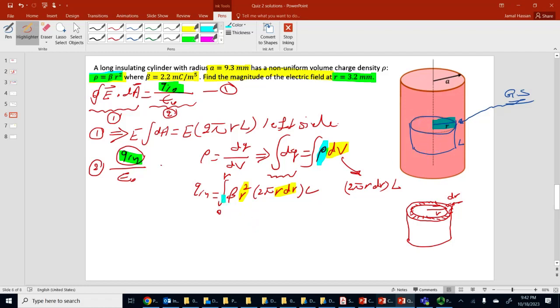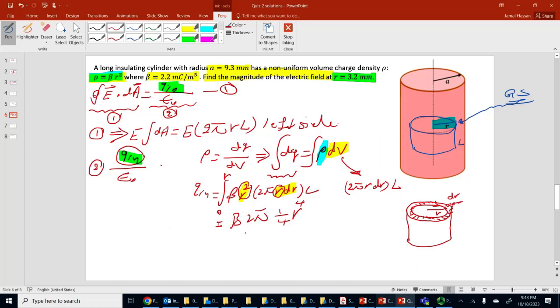That integration is simple. Basically it gives us beta constant, 2 pi constant, and the integral of r cubed, so it's 1 over 4 r to the power of 4.